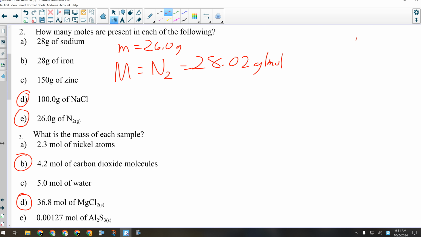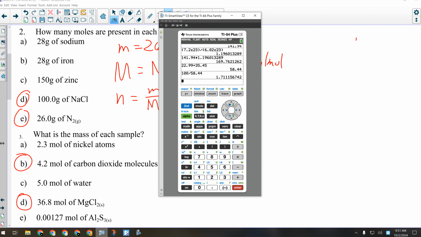So if I have a molecule of N2, its molar mass is 28.02. Okay, so I am looking for the number of moles. n equals, again, little m over big M, so I don't have to do any manipulating, it's just 26 divided by 28.02, so we're gonna have like 0.9 something. 26 divided by 28.02.